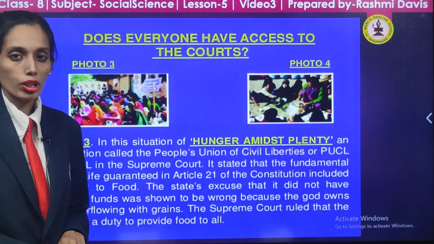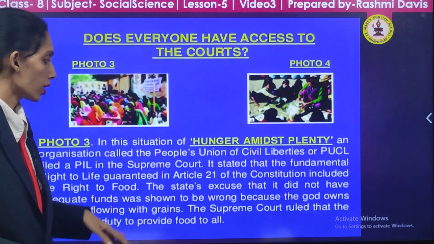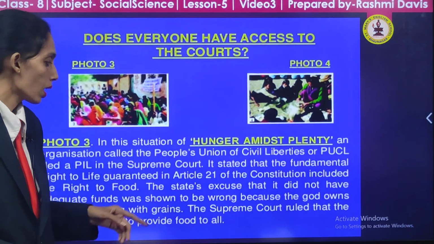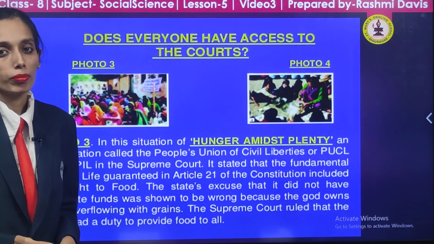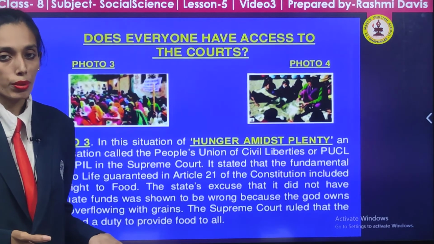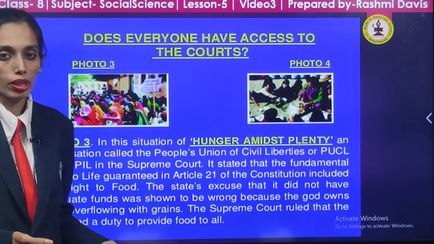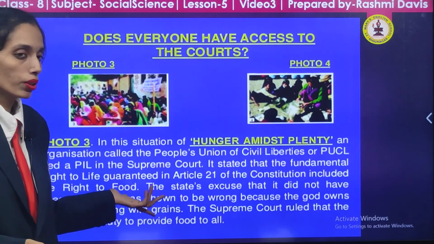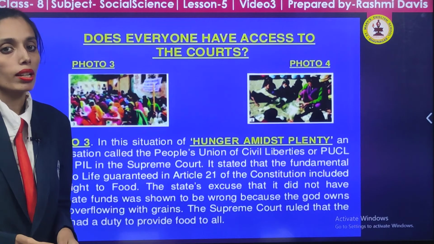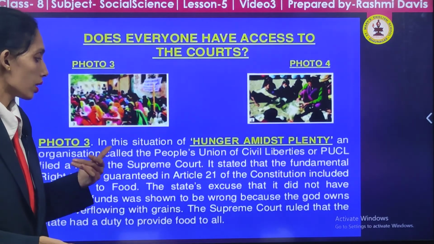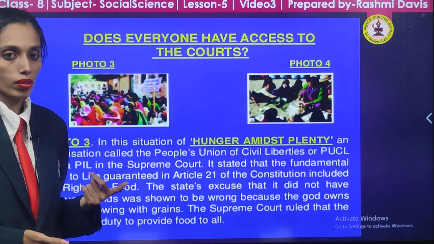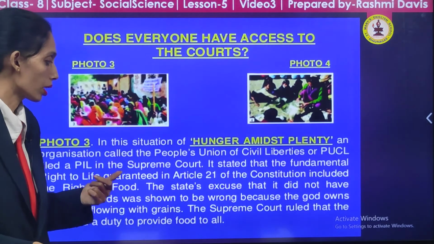The first incident we saw is dowry death. Based on that, Article 21 was invoked, seeing the conditions where the state government had refused giving the food grains to the people, saying that we don't have anything. When it was checked, they found out that the documents which they presented didn't have the real facts, but the real facts were hidden from there.